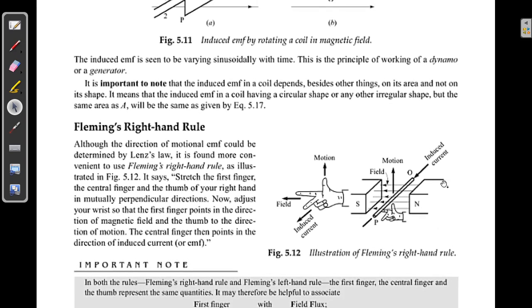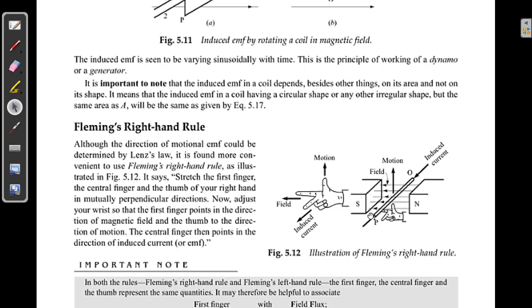This is our uniform magnetic field, with north and south pole. We have field lines from north to south pole in the direction shown in the figure.